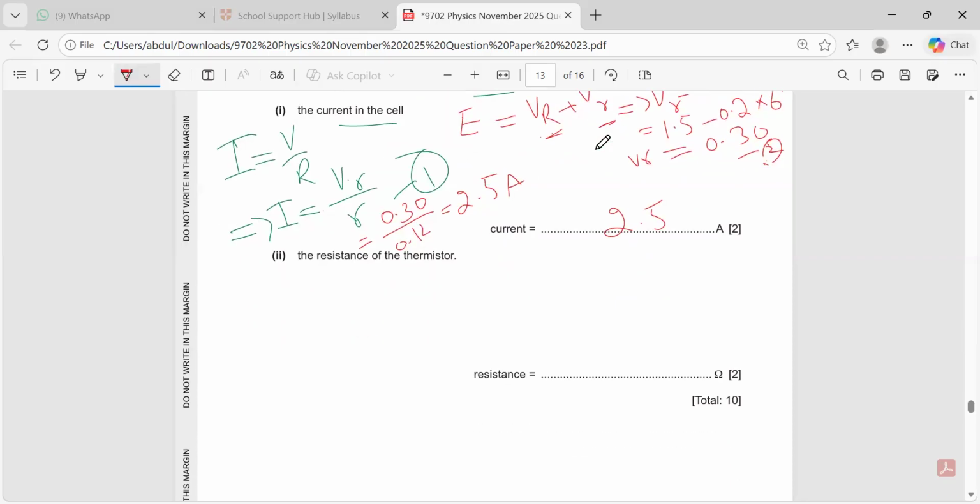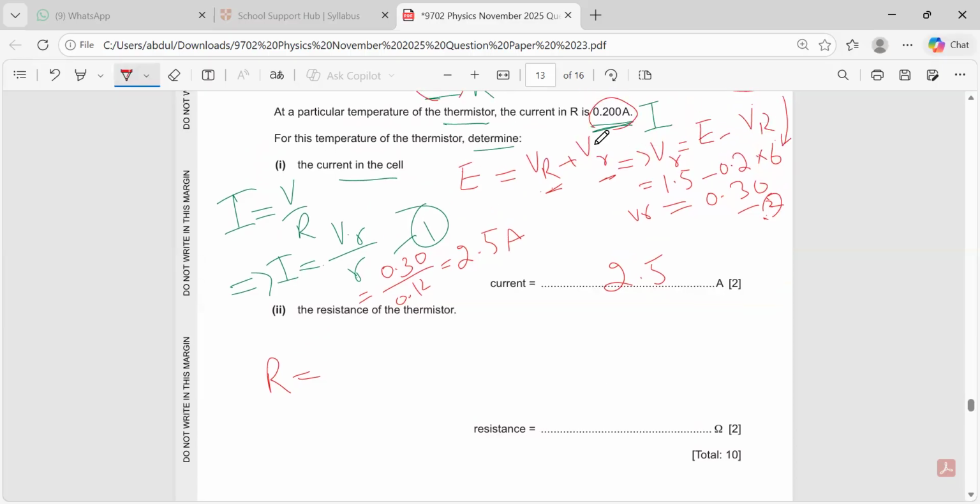Okay. Now the resistance of the thermistor we have to calculate. The resistance of the thermistor, that is very simple. R will be equal to V over I. So, my dear friends, the voltage across R we can calculate, I R, over the current minus the current through the battery.